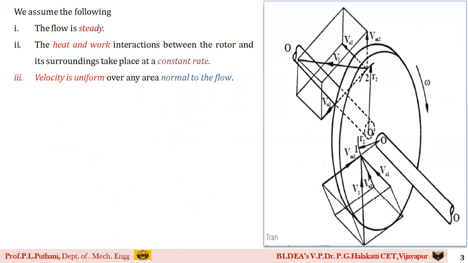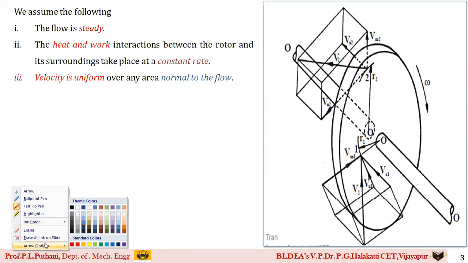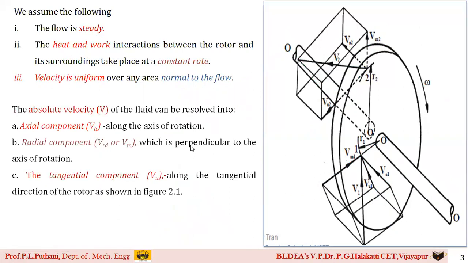Now, let us go to the discussion of how we can deduce the turbine's equation. This is the absolute velocity V. For the inlet and outlet, we have three velocity components. One is the axial component, which acts along the axis of rotation. We call it VA, at inlet VA1, at outlet VA2.